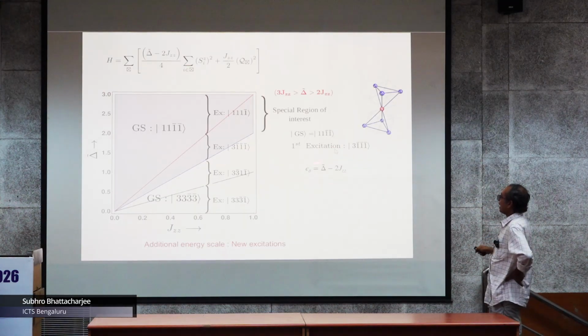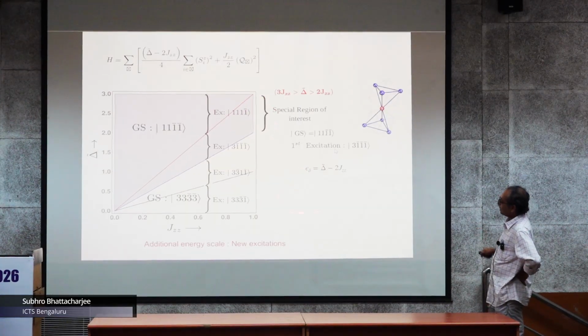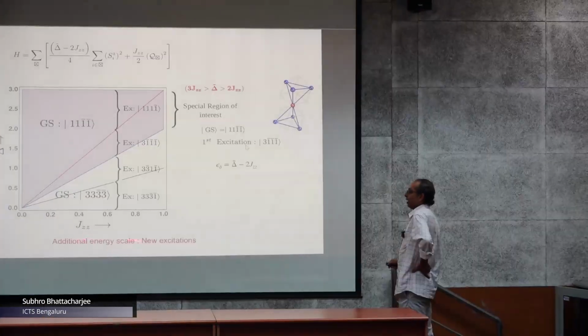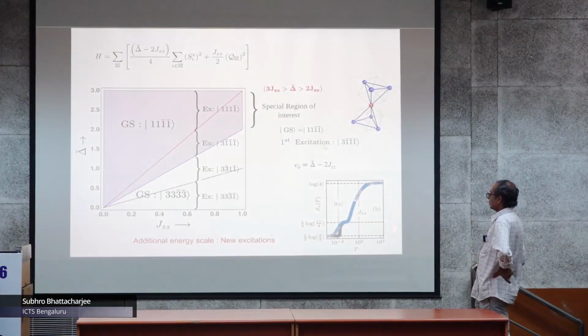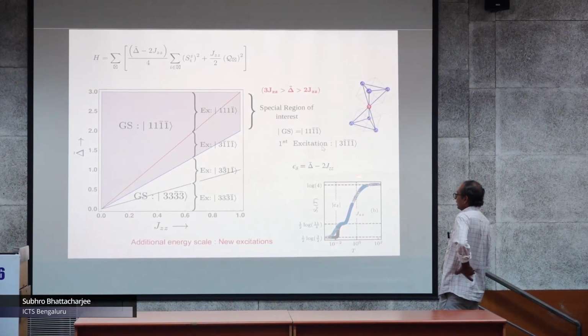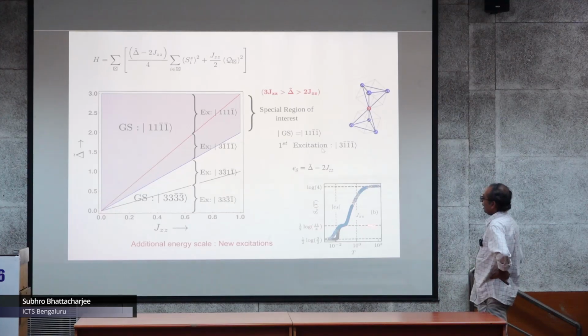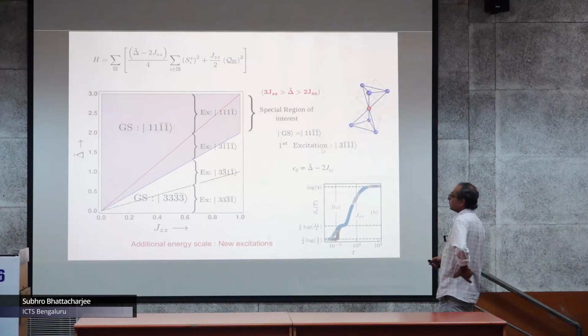This happens in this energy scale, which is lower than the monopole energy scale in this region, and this leads to new excitations, which are the crystal field excitations. And you can see this when you do a numerical calculation on this. There is a plateau corresponding to this energy scale until before you recover the full spin 3/2 entropy.